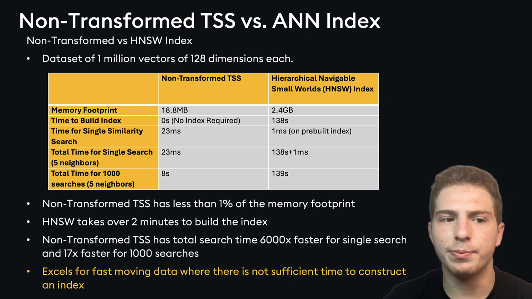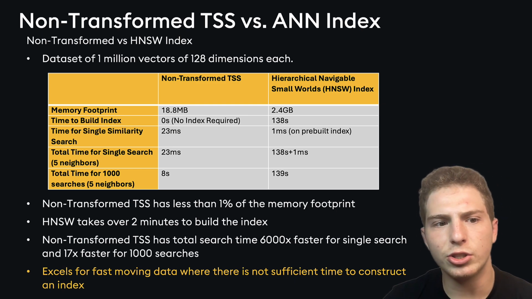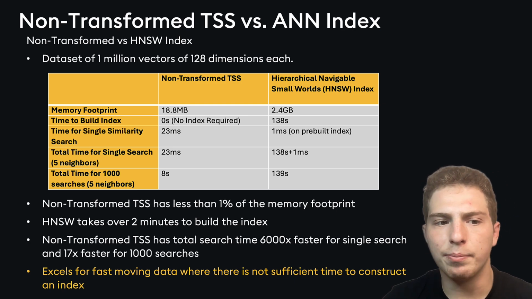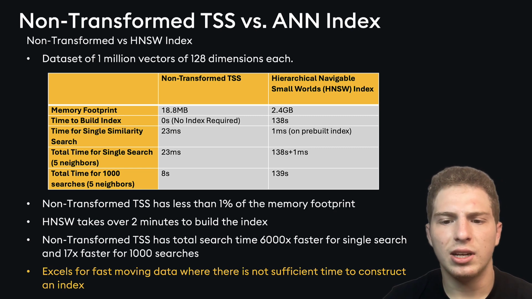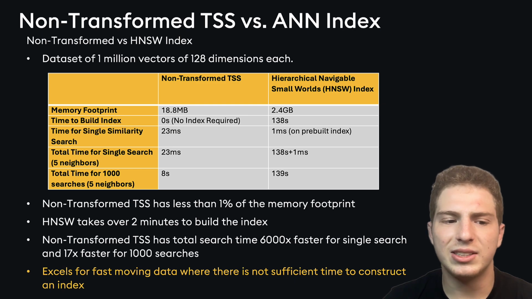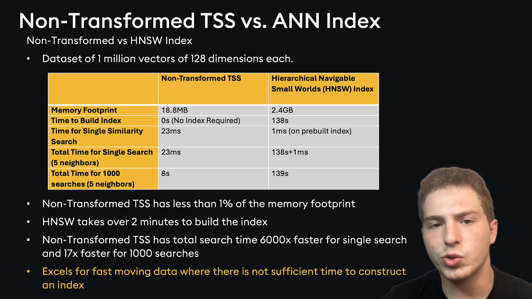What that means is, even though the time for a single similarity search is 23 milliseconds, which is much longer than the 1 millisecond for HNSW, if we account for indexing time, non-transformed TSS is going to be 6,000 times faster for a single search and 17 times faster for 1,000 searches.